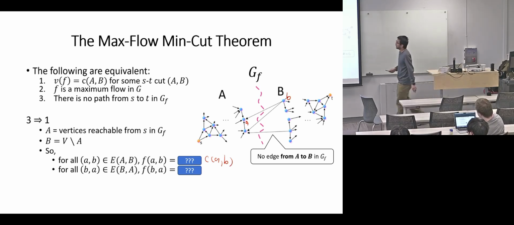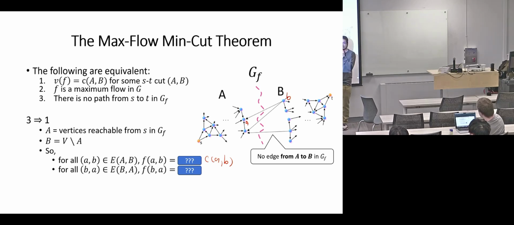What about the one that goes from B to A? The flow value is what? Negative. Like we've included everything that's positive, and we've left out some negatives. Is that it? It's not negative, it's something else.